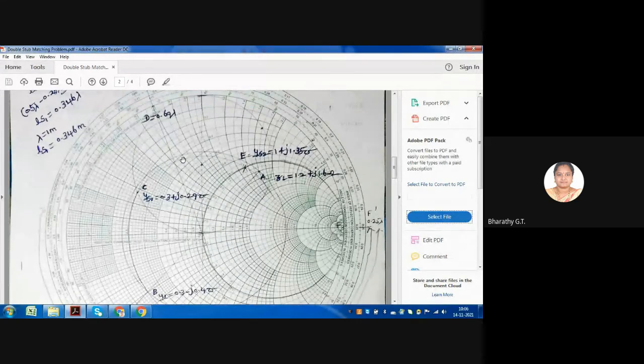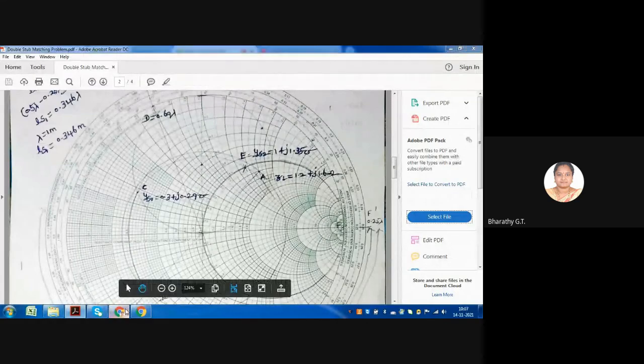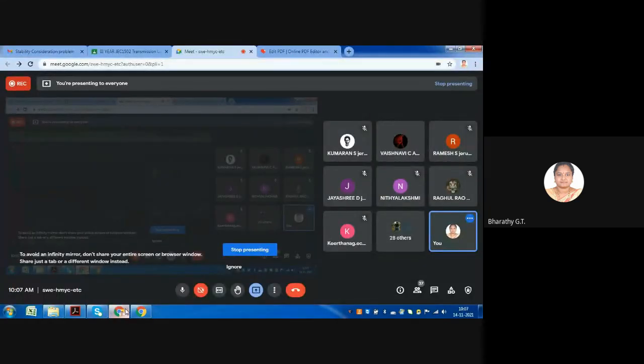Can one student from the boys and one student from the girls show me the graph that you have drawn now? Students, are you there? Yes, ma'am. Can anyone show your graph sheet?